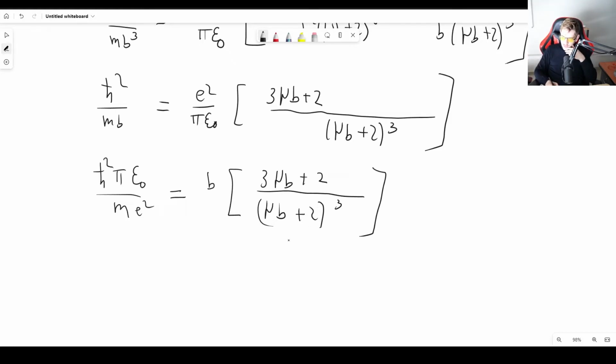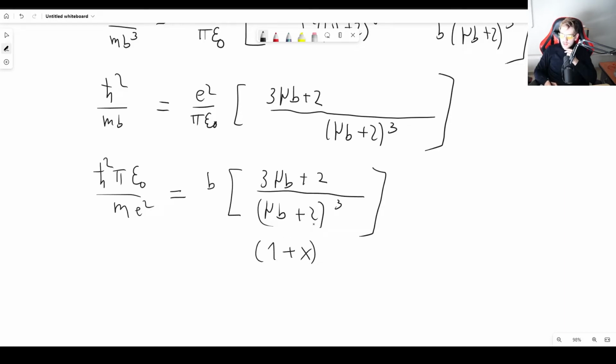So what we have here, we can write as an expansion, because mu b is very small and it is to the third power, so we're going to get very, very small terms, so we can go for an approximation. But to do that, we would really like to write this in the form of 1 plus x, right?